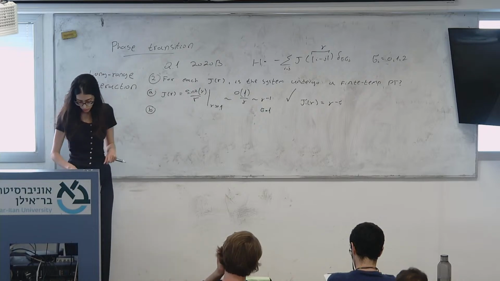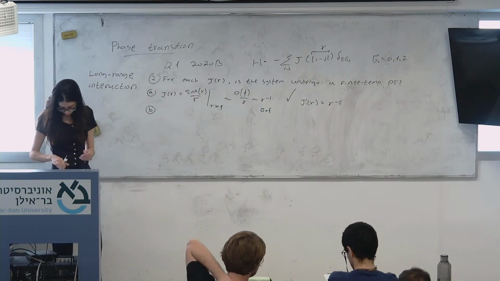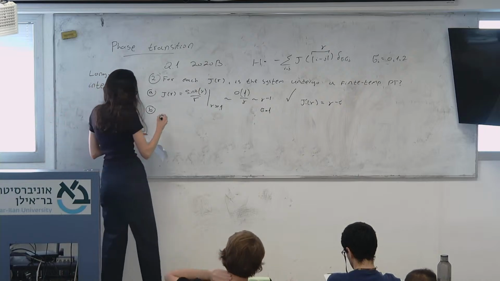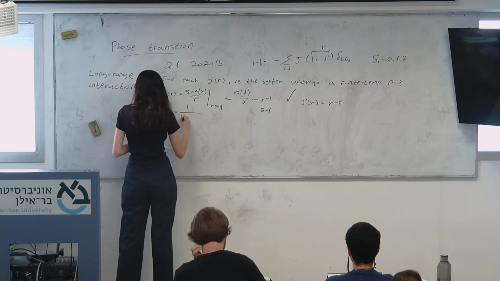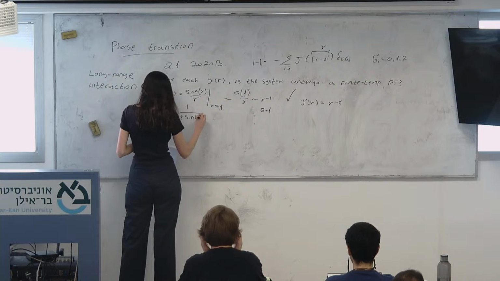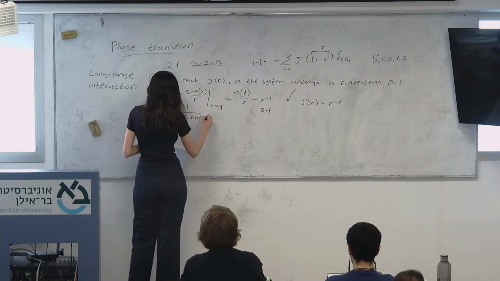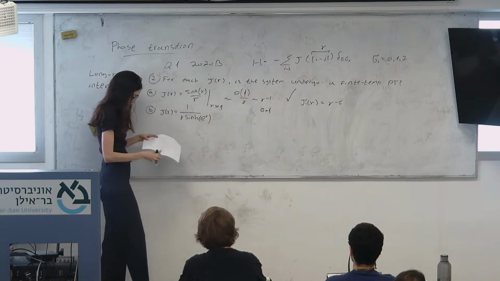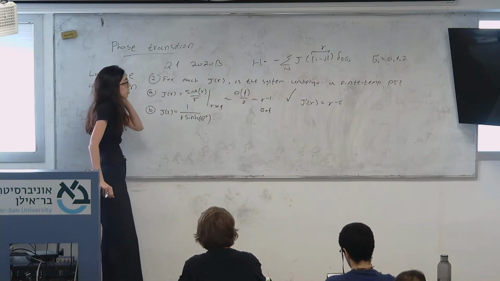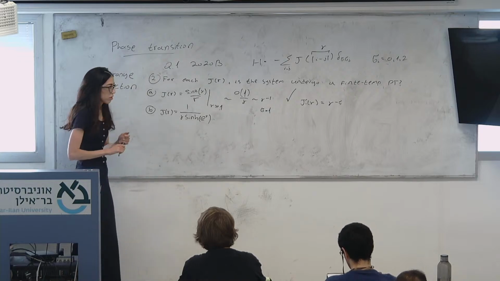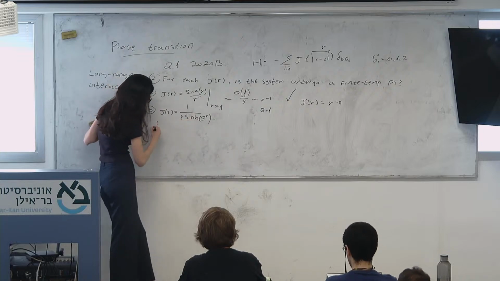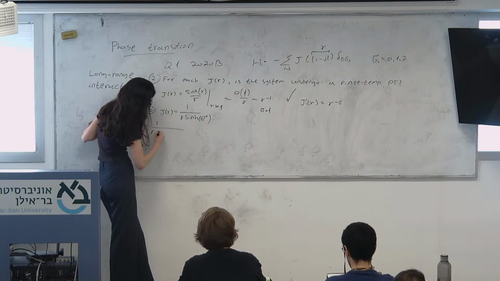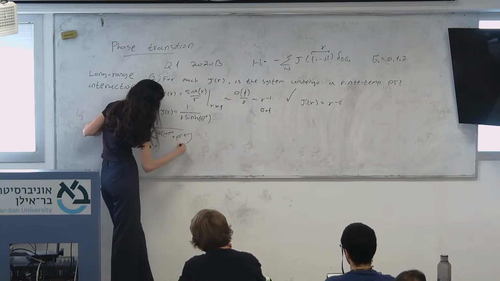So the second case is J of R equal 1 over R sinh of e to the R. Okay, so we can rewrite that as 1 over R, 2 over e to the e^R plus e to the minus e^R.